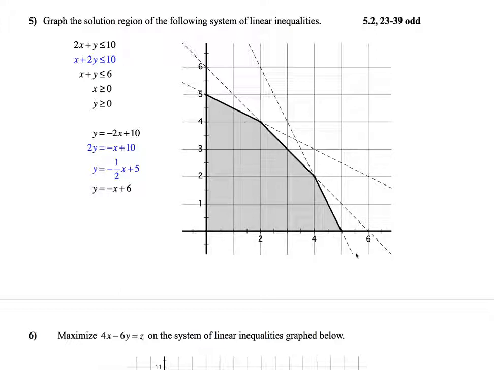In any case, this is the line right here that represents the first equation, 2x plus y is less than or equal to 10.